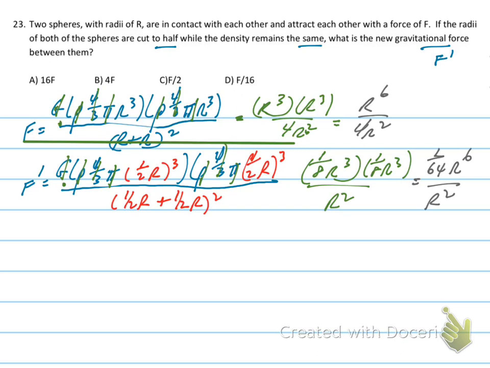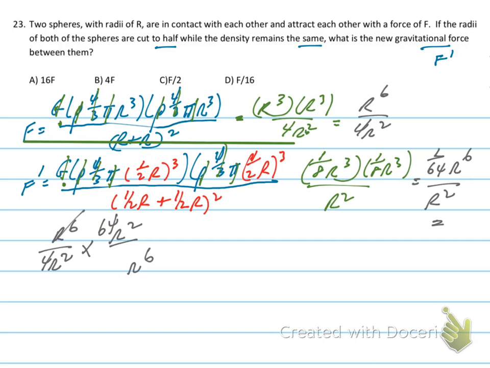All right, so we can say r to the sixth over 4r squared times the inverse of this, which would be r squared over 1/64 r to the sixth. This 64 we can flip and put in the numerator.